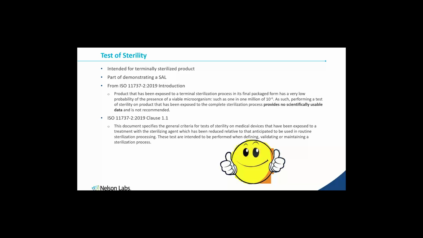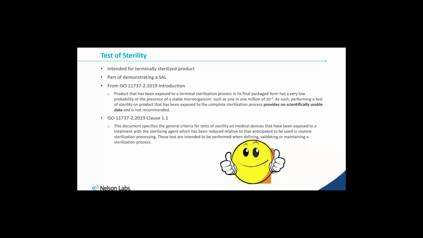that if I take product, it should have a very low probability of microorganisms, such as 1 in a million. It's noted right in the standard that if I test that for sterility, it really provides no scientifically usable data, and it's not recommended. I'm not demonstrating sterility by doing this test. That's done through the other validation steps that correspond to a verification dose or a half-cycle, fractional cycle.